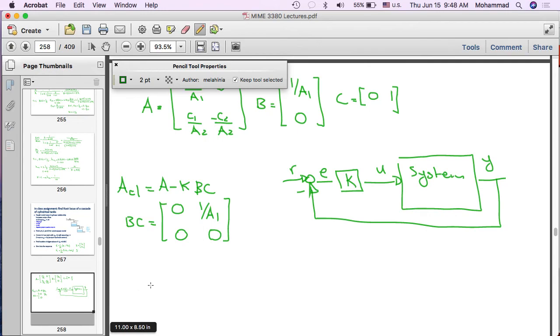If you multiply this by K, K times B times C is the same thing, except here we have K over A1.